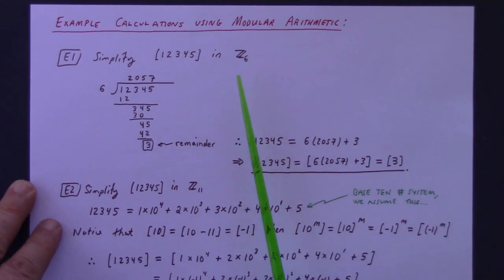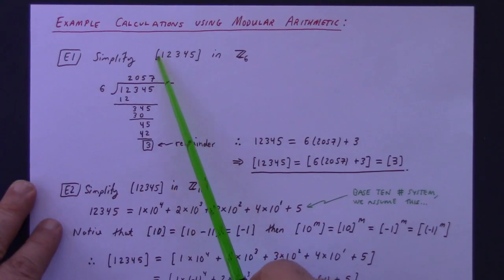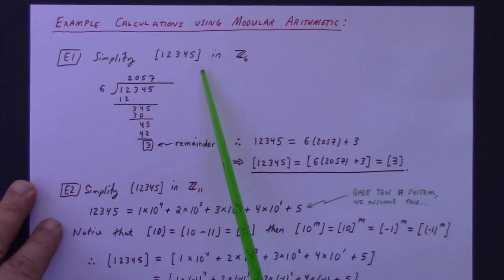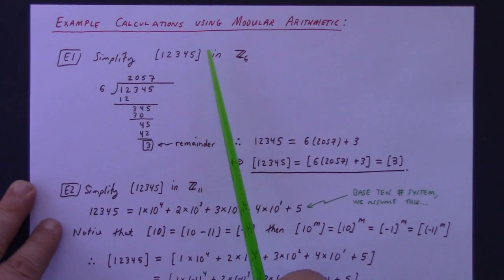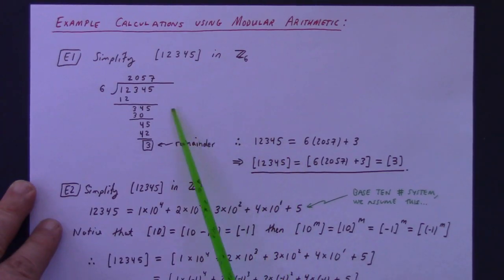And as I mentioned, one way you could figure out the least positive representative for this would be to simply use division. So if I get out my handy dandy long division here, 6 divided into 12,345, you work it out, you get remainder 3, which shows you that in fact 12,345 is 6 times 2057 plus 3, right?